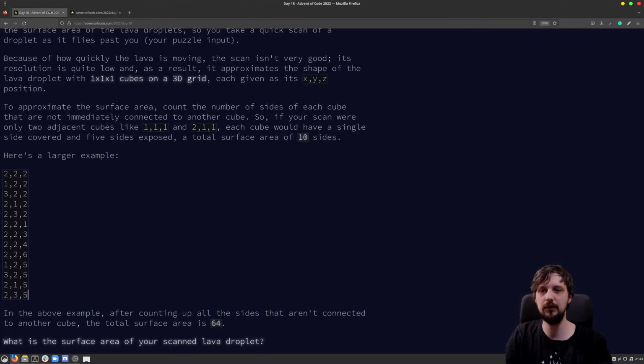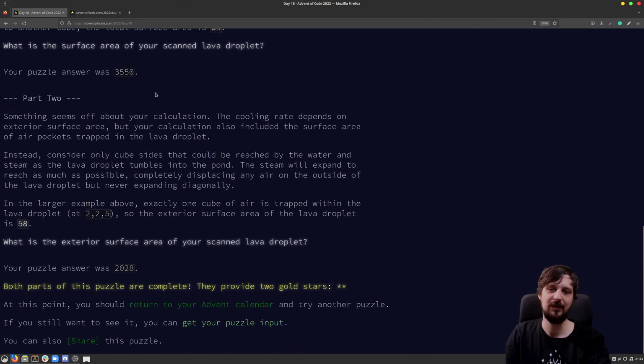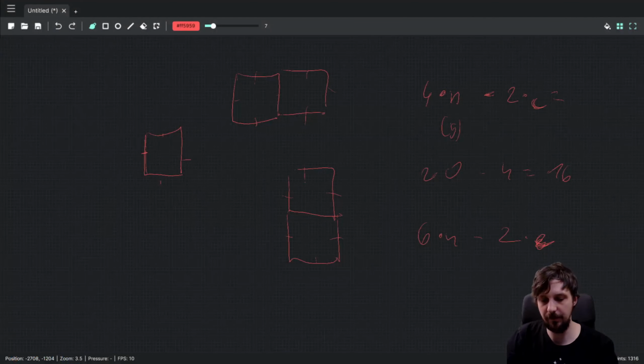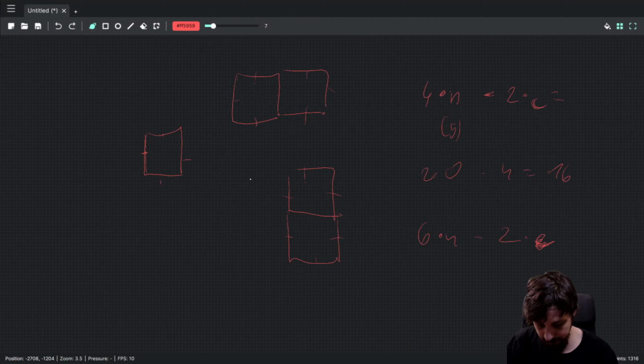And part 2 is a bit more complicated. So let's go back to our drawing quickly. It may be the case that we have something like this. For example, we have squares here, here, and here.